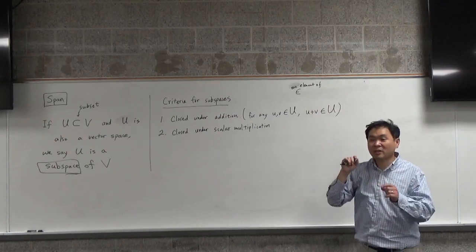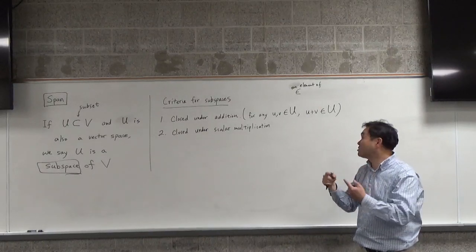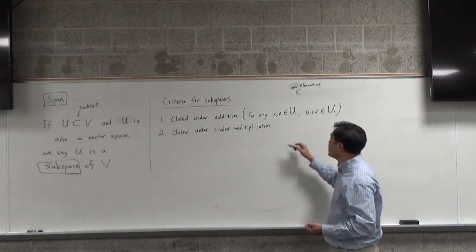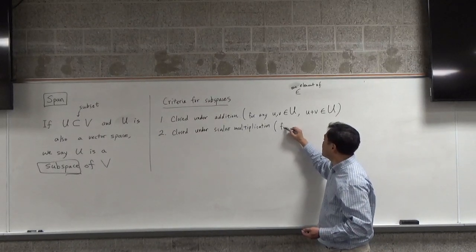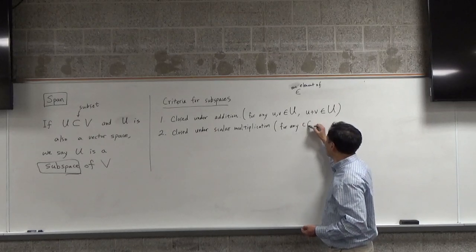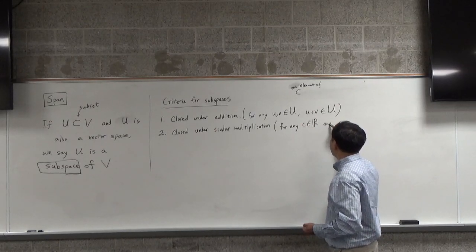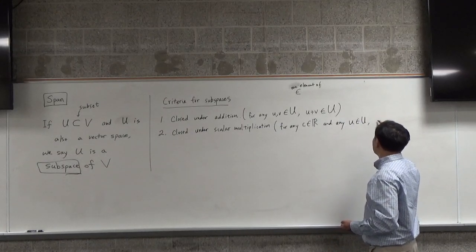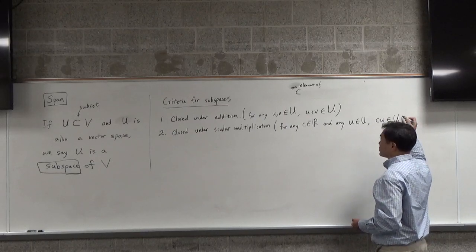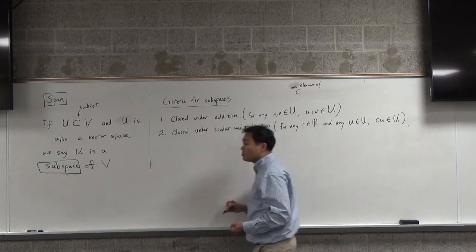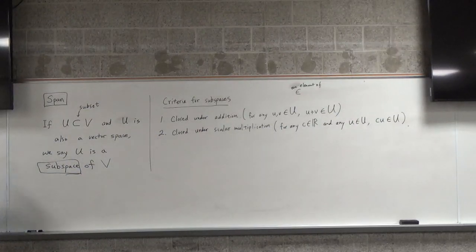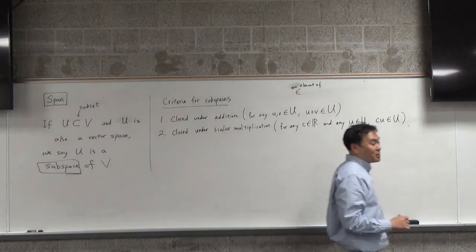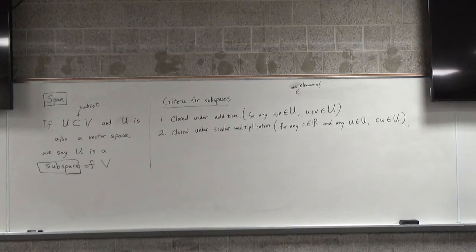So if you pick any 2 elements, add them, and that's still inside the same subset, we say it's closed under addition. And then for any real number c and any vector u in U, cu is again in U. If you can show these 2, then U has to satisfy all the 8 properties that a vector space must satisfy.